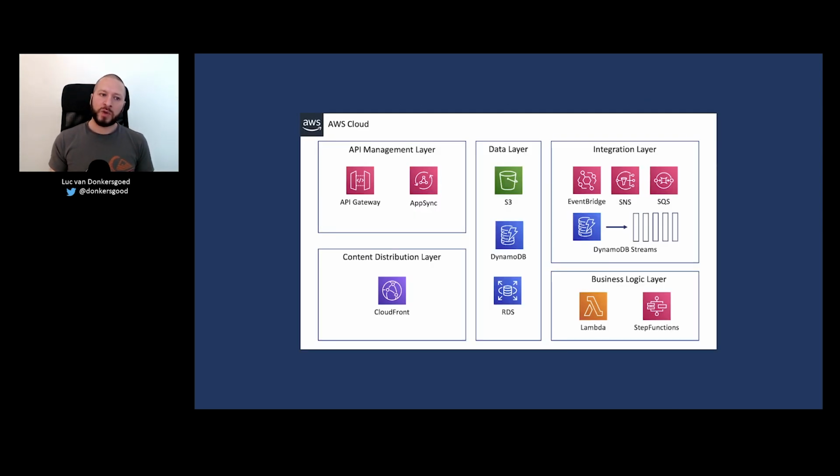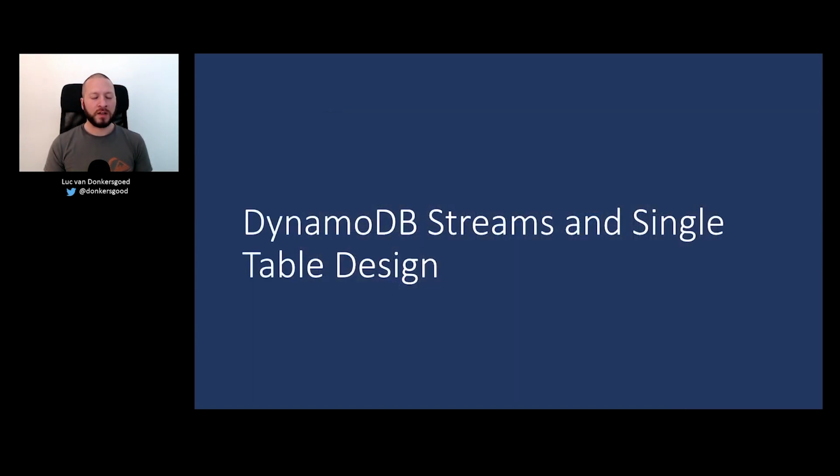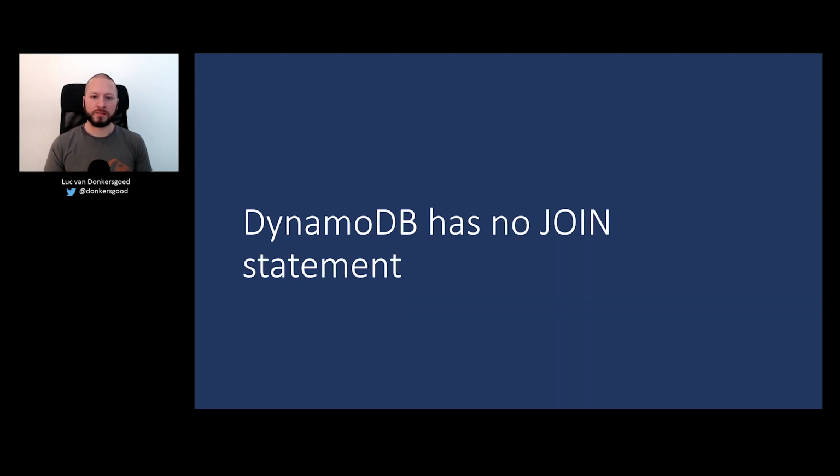So at this point, we can say, well, let's update the architecture, and say DynamoDB Streams is now part of our integration layer, because as you saw in the previous slides, it integrates multiple services together, and it takes that responsibility. So now let's look at a bit more advanced example and see how we can use DynamoDB Streams to optimize our single table designs.